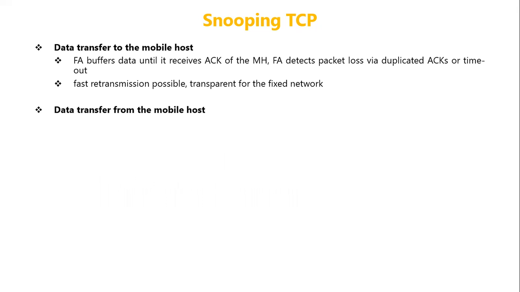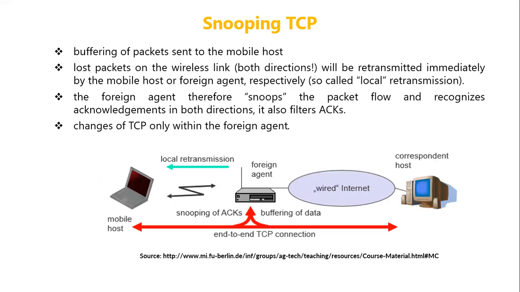So let us see this diagram. It buffers all the packets from the correspondent node to the mobile host, and whenever there is a missing acknowledgement, it performs local retransmission in case of packet loss on the wireless link.